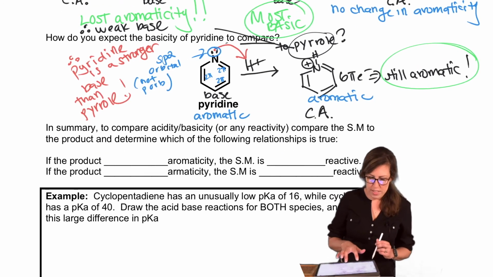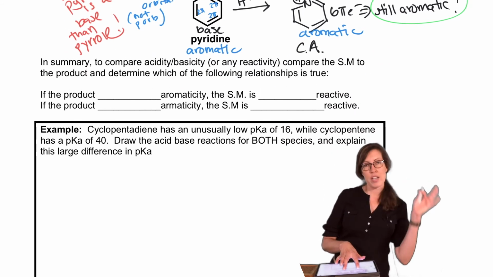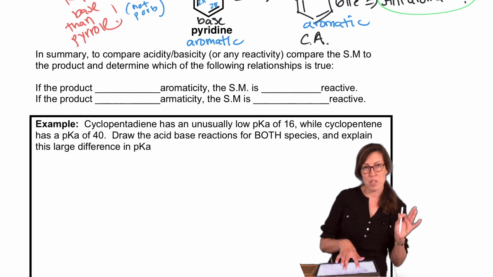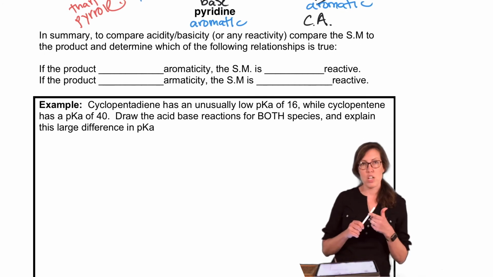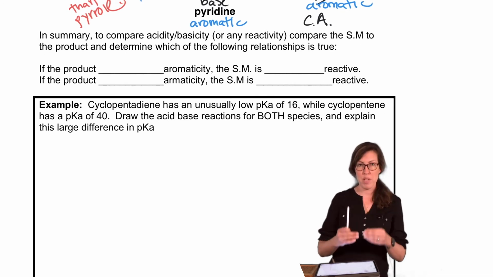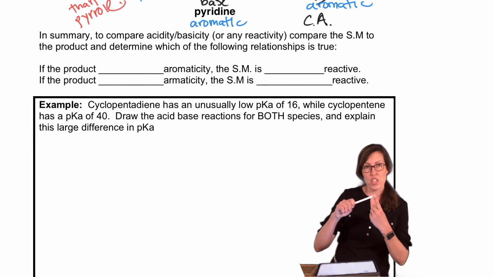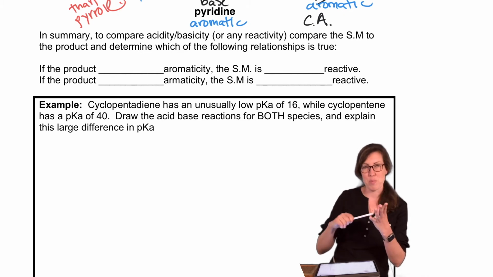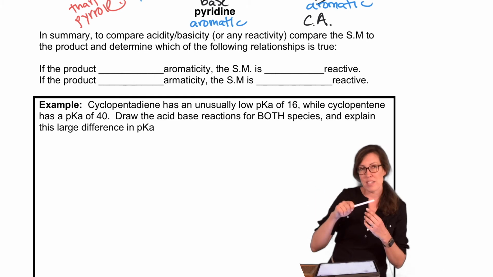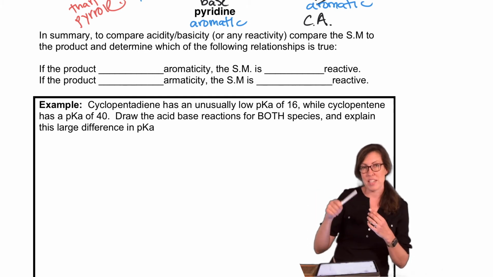Okay, so in summary, in addition to all this CARIO stuff we've done previously, remember CARIO? Charge. You draw your conjugate base or your conjugate acid whenever you're evaluating strength of acids and bases, and then you look at charge, aromaticity, atom, resonance, inductive effect, orbital. We're going to add resonance to that and aromaticity wrapped up in that.